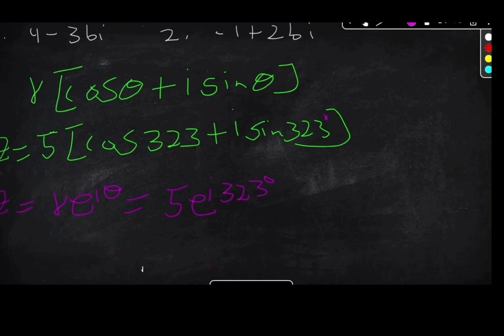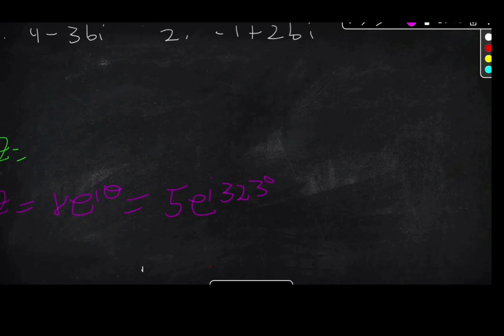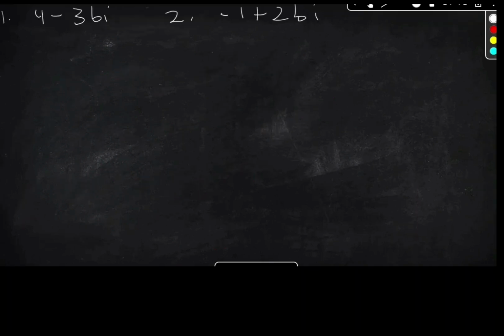Let's take the second example. You can go on and try the second example. With the last example, we have negative 1 plus 2i.